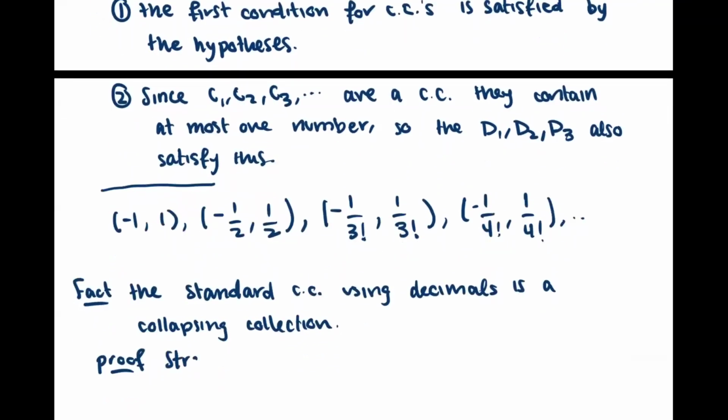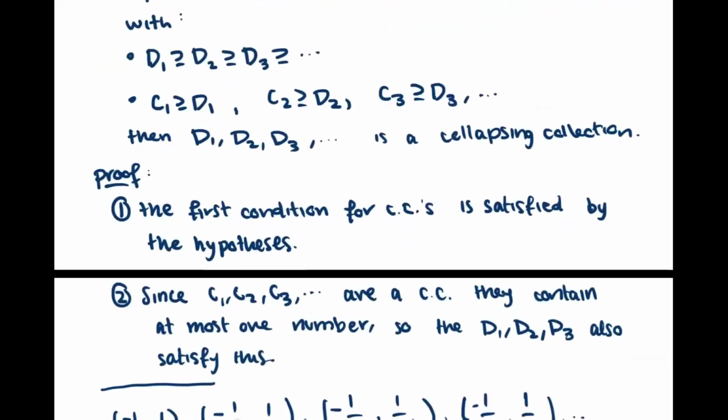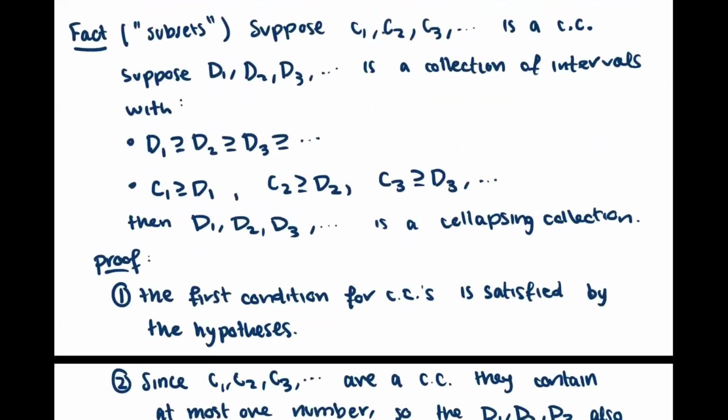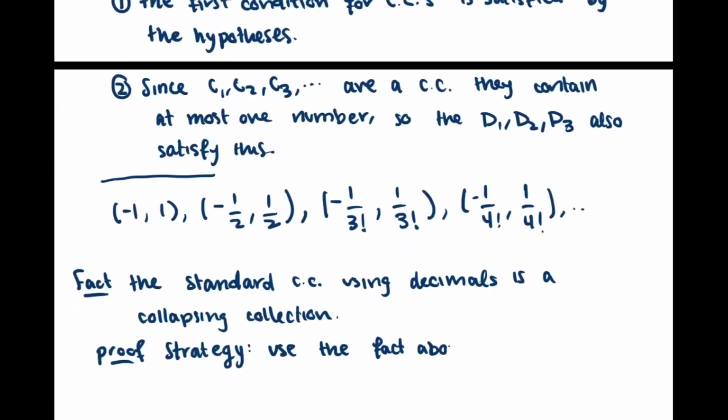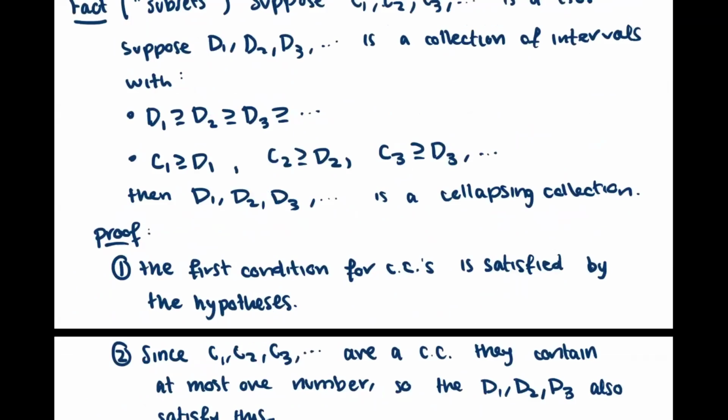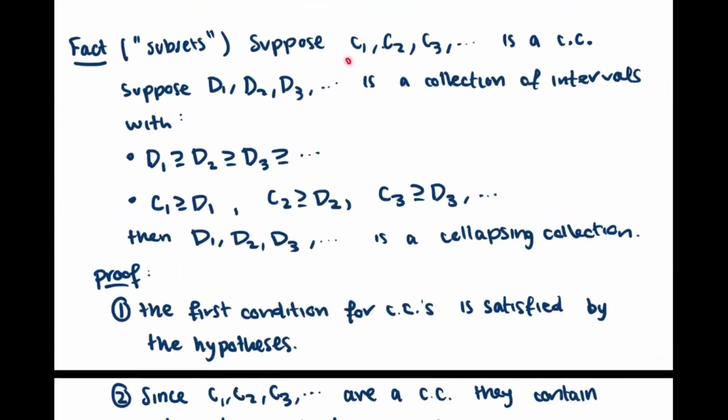We're going to use the fact about subsets that we just proved, this one. And for the two collapsing collections that we'll be comparing, we'll set C to be the collapsing collection using reciprocals and D to be the collapsing collection using decimals.